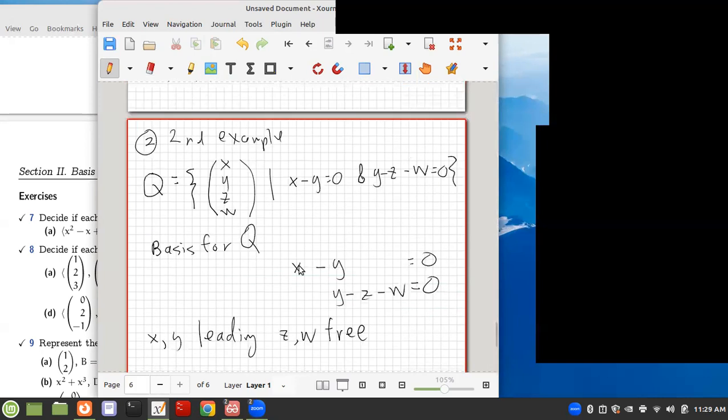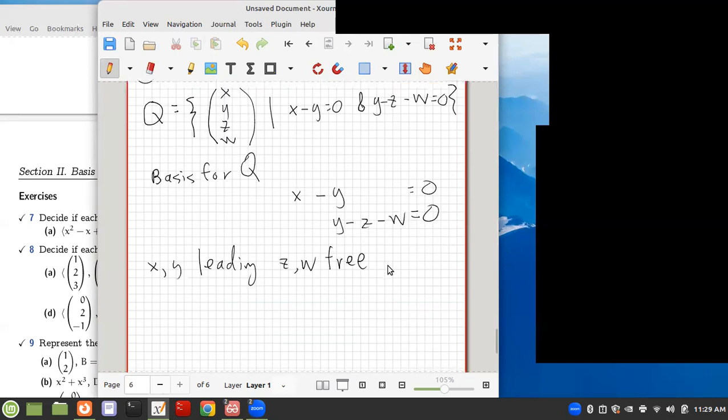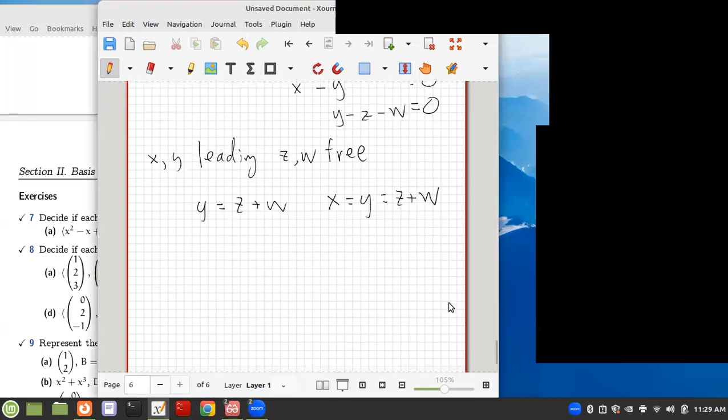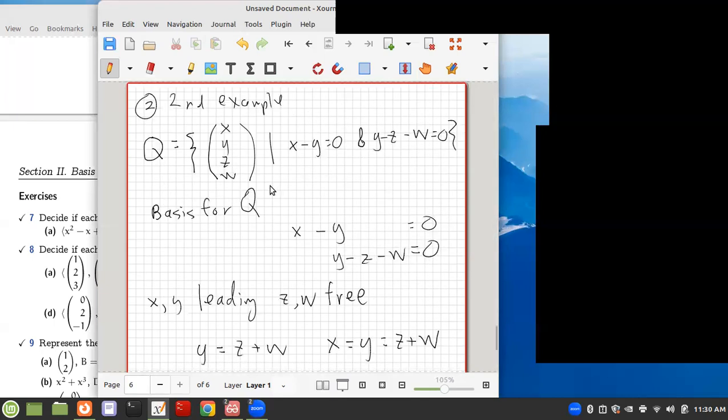So we want to find X and Y in terms of Z and W. So we can solve the second equation, see right away that Y equals Z plus W, and X equals Y, which then equals Z plus W. So we have X equals Z plus W and Y equals Z plus W, right?